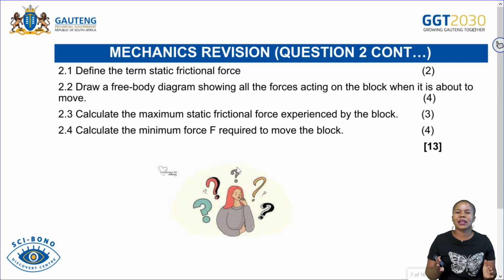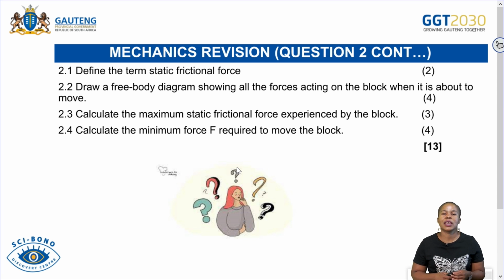Remember that your force diagram uses a box to represent any object, while your free body diagram uses a dot to represent any object. You could be talking about a car or a calculator, all of that is going to be represented by dots. And mind you, in a free body diagram all the forces are moving away from the dot. But we're going to make it practical so that it is clearer.